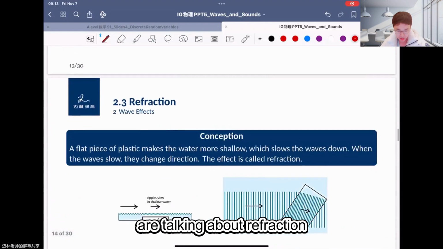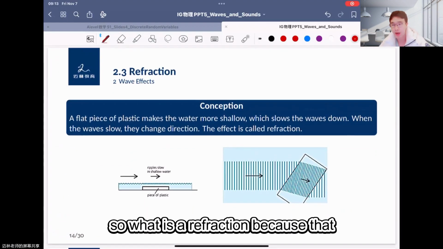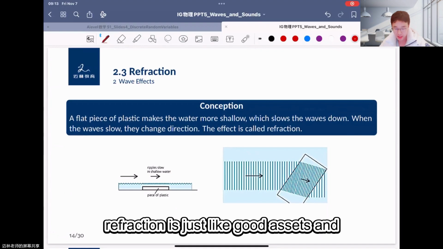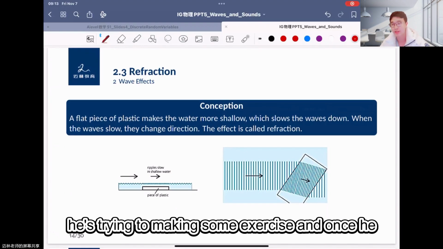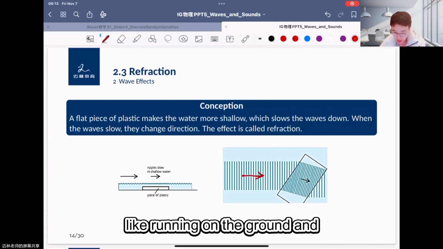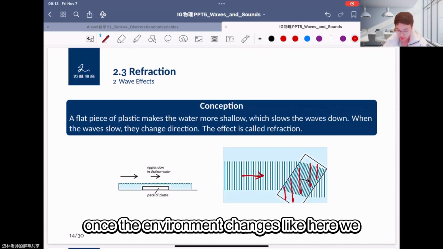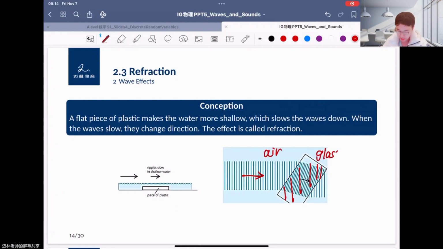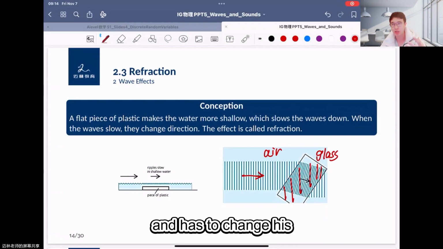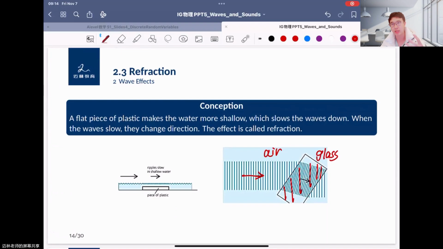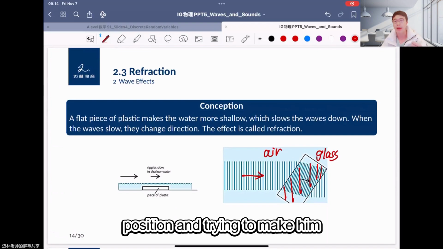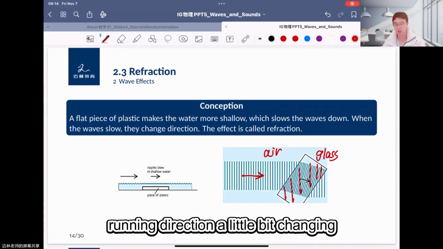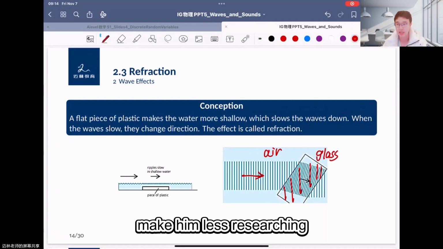Maybe next we are talking about refraction. What is refraction? We can say refraction is like an athlete who is exercising. Once he is running on the ground and the environment changes, like a wave going from the air to the glass, he has to change his posture and running position, and his running direction changes a little bit, which gives him less restriction.